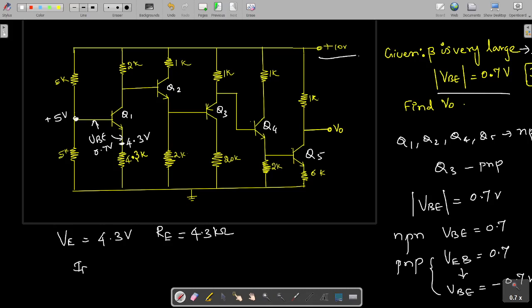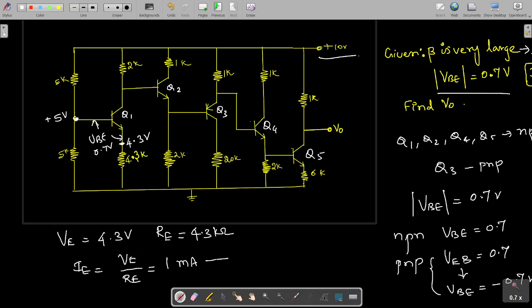So IE flowing through that would be V by R, VE by RE. So we get 1 milliamp: 4.3 divided by 4.3 kilo ohms is 1 milliamp.